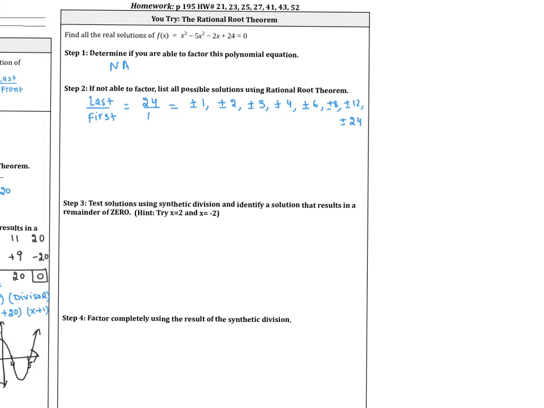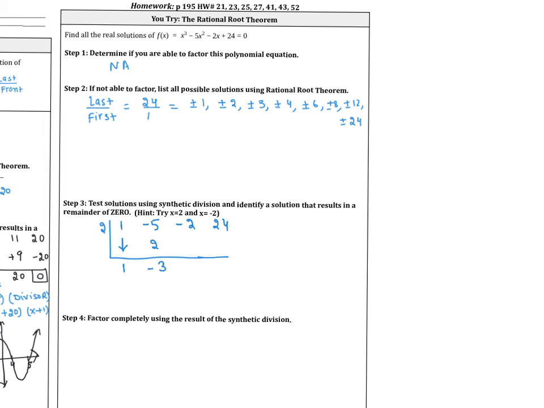So I'm going to use the coefficients 1, -5, -2, and 24. Use synthetic division to see if 2 is a number that can give us a remainder 0, or in other words, if x minus 2 is a factor or not.